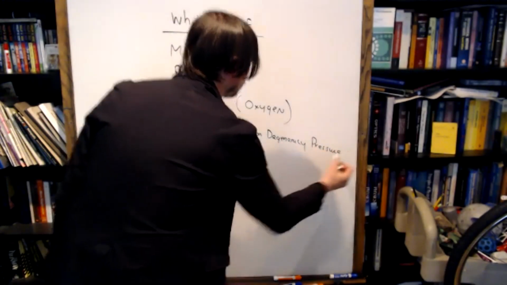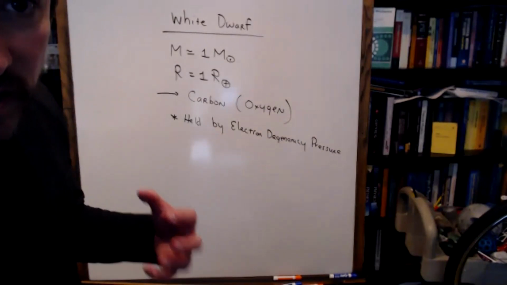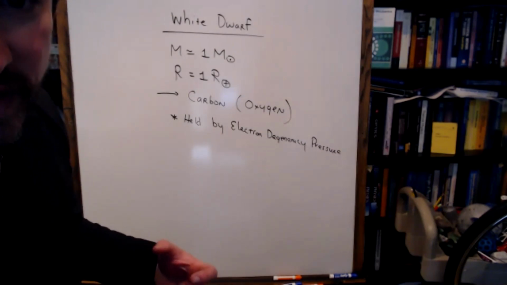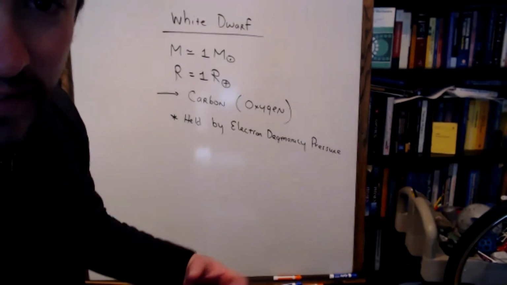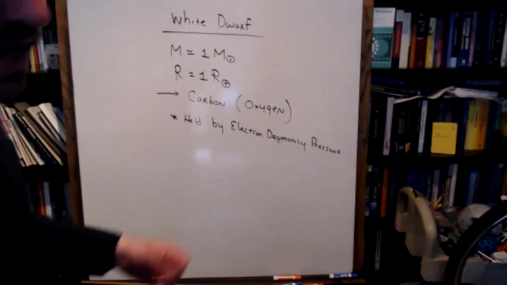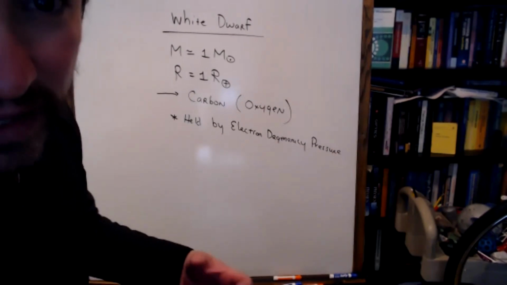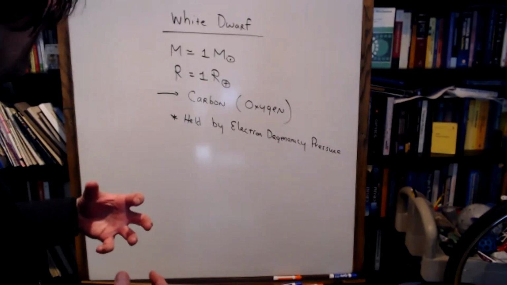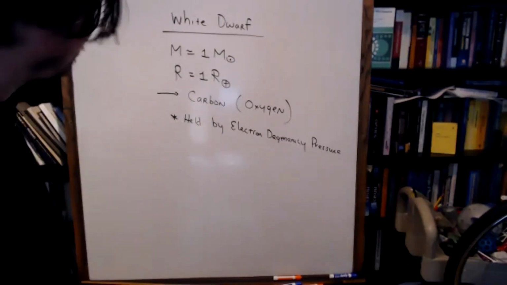You guys will remember from our last lecture that degeneracy pressure means the electrons are sort of pressed up against each other in terms of their quantum numbers, and they're unable to get any closer due to the Pauli exclusion principle. Basically, the electrons are traveling at relativistic speeds, and they're pressing up against each other, and they prevent the star from getting any more compressed.